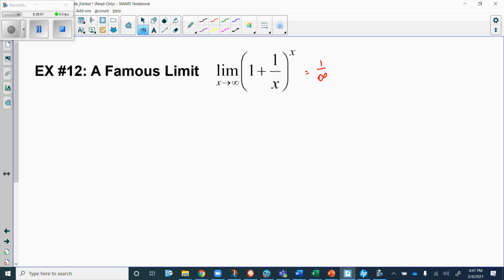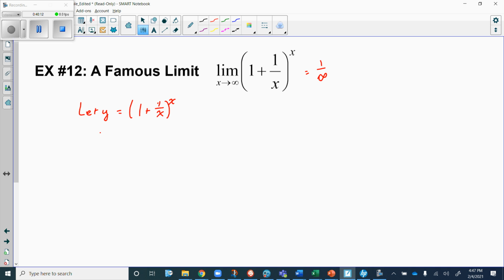So let's see what we have here. This is how I'm going to approach it. I'm going to say let y be equal to that expression, 1 plus 1 over x, to the x power. So that means we'll take the natural log of both sides.